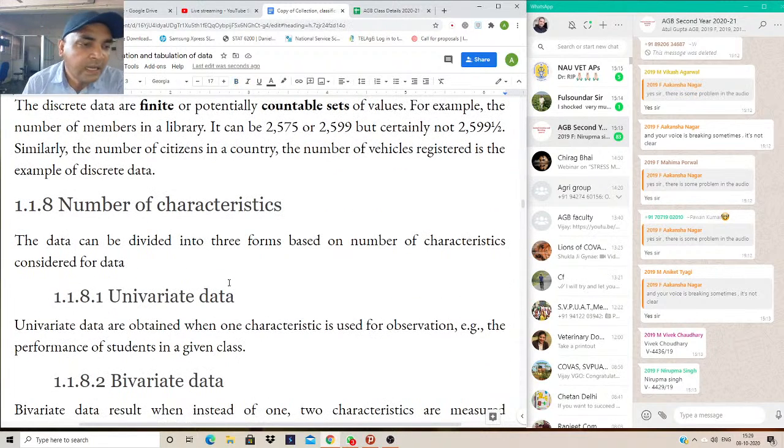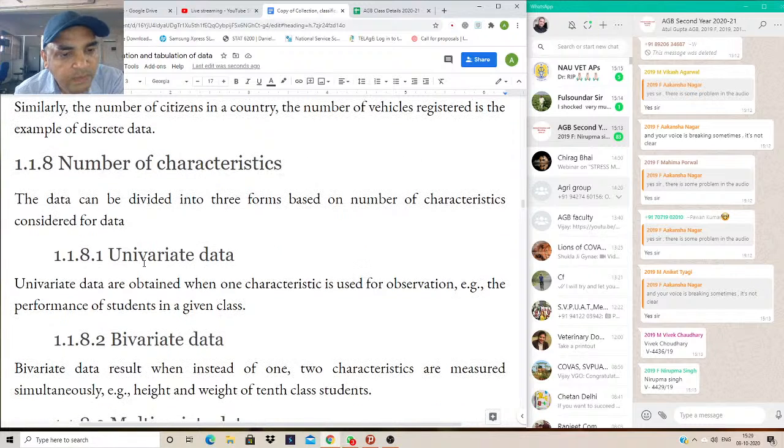Now, data can also be divided into various types based on the number of characteristics. So there are three forms into which data can be divided: univariate data. What is univariate data? In your class, for all the students, if I am only measuring the height of the individual, that will be univariate data.